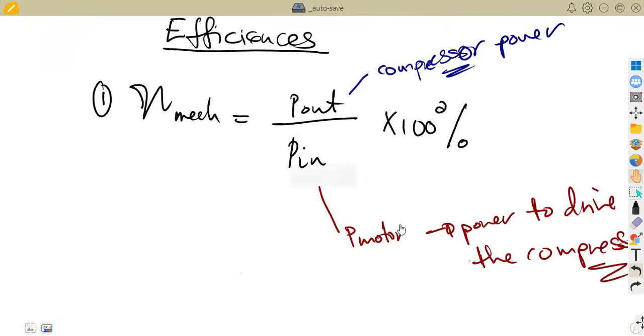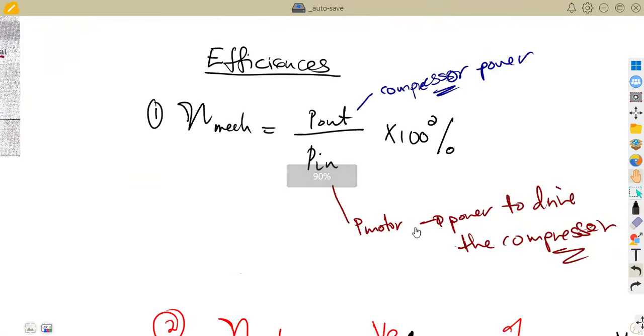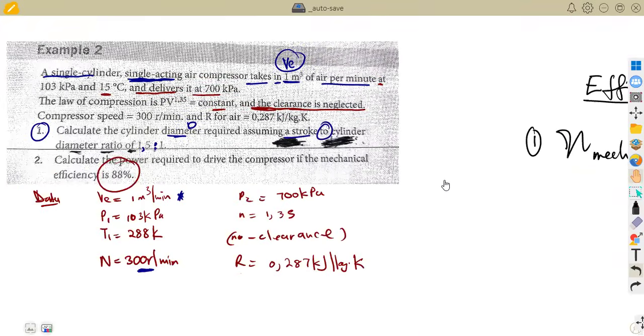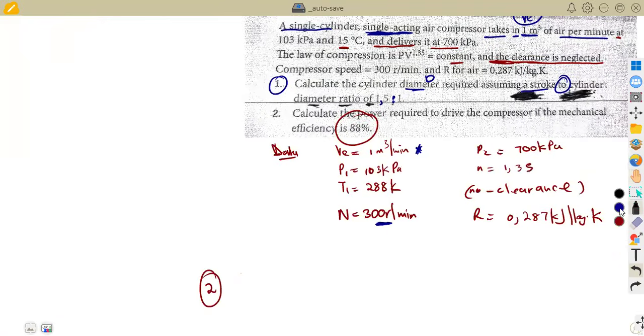That is P motor, P in. So you want to calculate P in here. That is the question, the power to drive the motor, given the mechanical efficiency of 88%, which is 0.88 as a decimal, divided by 100.